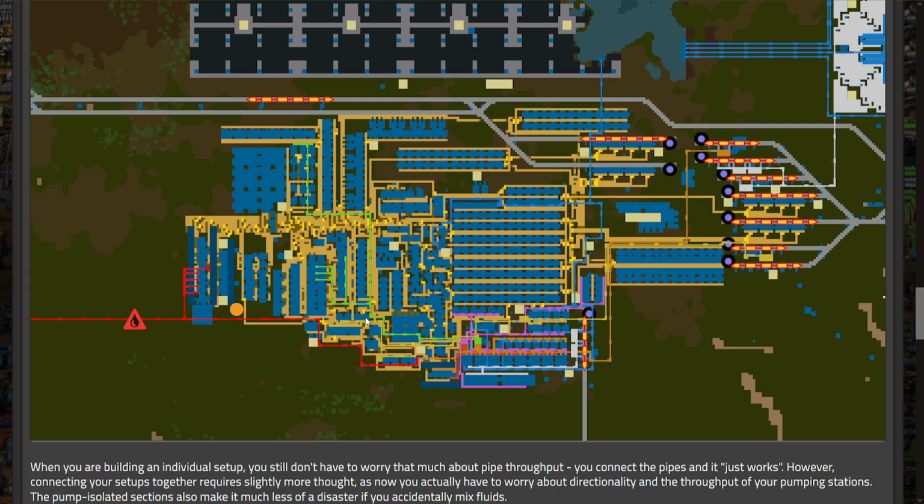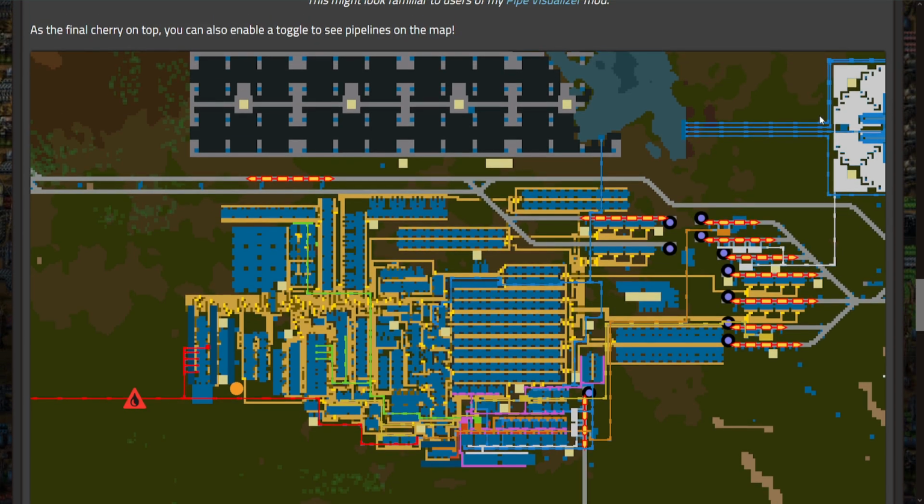Not sure if they actually use the colors for the pipes as they usually would appear, like purple might be, or pink might be petroleum. Not sure which of them might be light oil. Okay, there's orange, I suppose. And there's yellow for sulfuric acid and blue for water and white for steam.